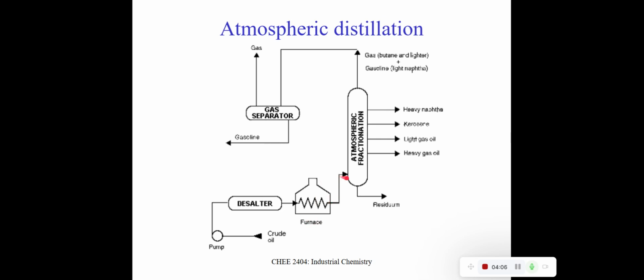It is then fed to the distillation column just above the bottom, and the vapors go up, light particles go upward and heavy residue settles down, and better contact takes place in this atmospheric fractionation. So there are many products we get from this distillation.